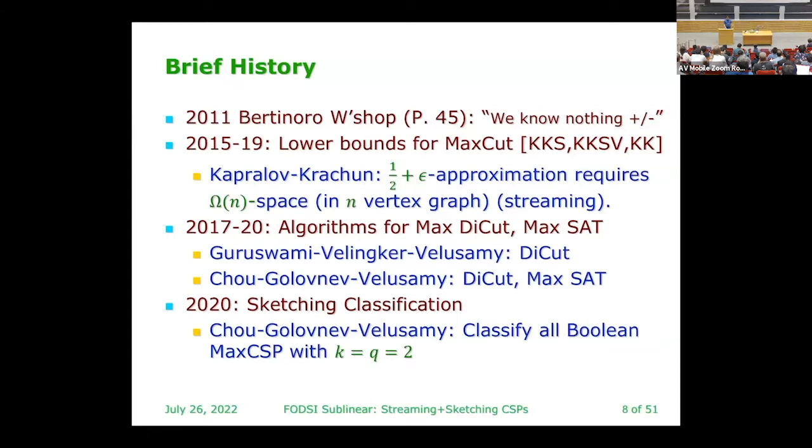So half approximation was trivial in constant space, no instances achieve less than half. 1 minus epsilon approximation is possible in O tilde of n space. And basically, there's nothing better. You cannot get a better half plus epsilon with little o of n space. Okay, so it's an amazing result. It started in 2015, but the final resolution happened in a 2019 paper of Kapralov and Krachun.